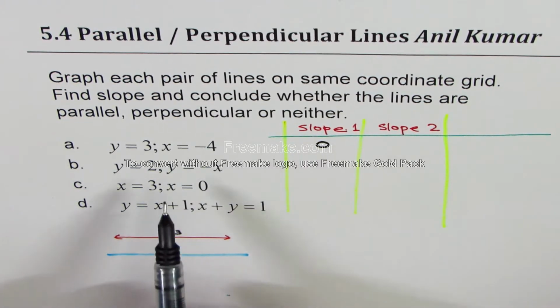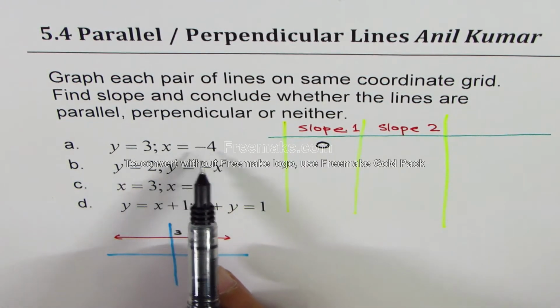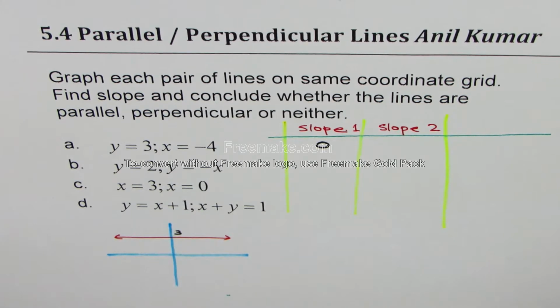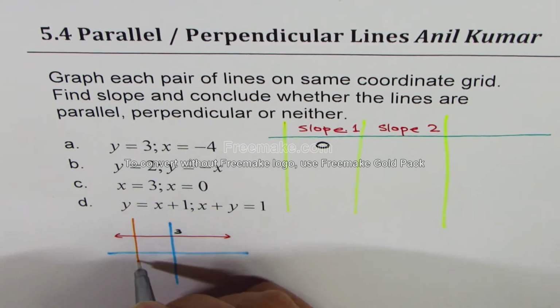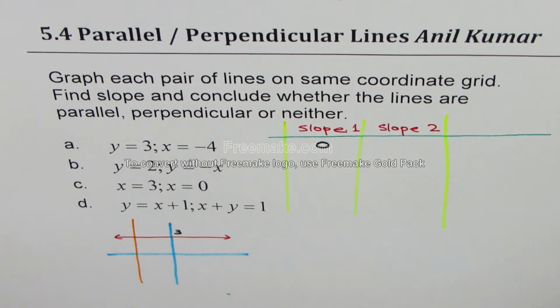Right. The second one is x equals minus 4. When I say x equals minus 4, it really means that it's a vertical line whose x-intercept is minus 4, kind of like this. Do you see that?